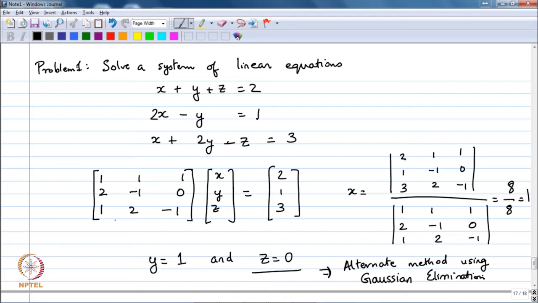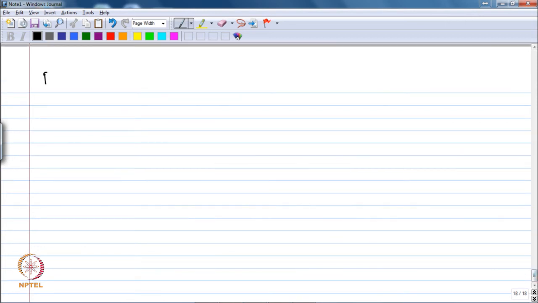Once you convert it to a diagonal matrix, you can immediately determine the values of x, y, z. I will not be doing Gauss elimination, but I expect that you are familiar with it.